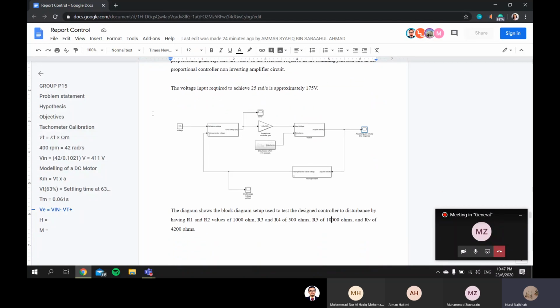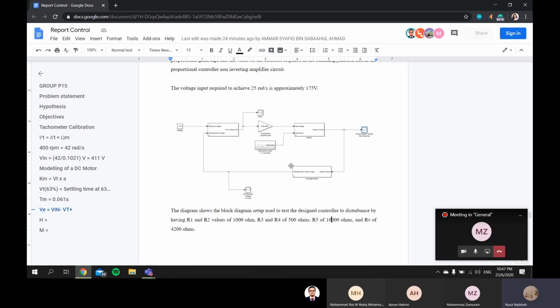As you can see from the diagram, there is a feedback system because this is a closed loop system. For this, we only require 175 volts, because it requires a much lower input to achieve the 25 rad per second output.